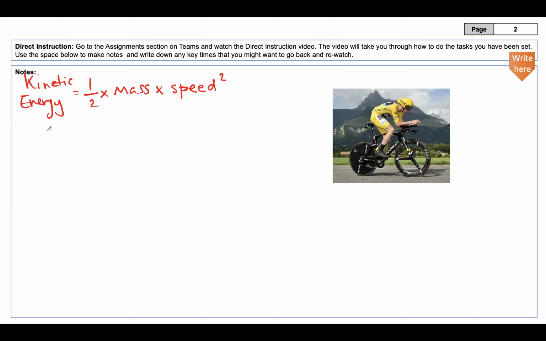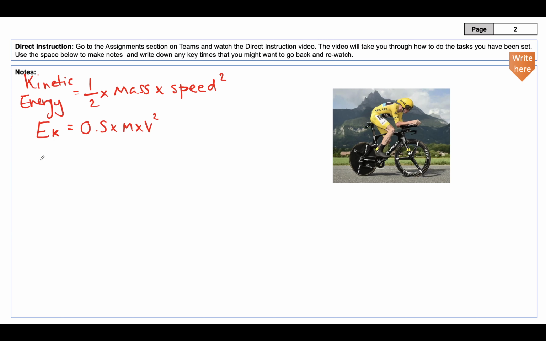You can also write this more simply with an E and a little subscript k equals 0.5 times mass times, and we'll use the symbol v for speed, so velocity for speed here, and that's squared again. Points to mention, so you can use a KE, a capital K, capital E, or a capital E with a lowercase k.